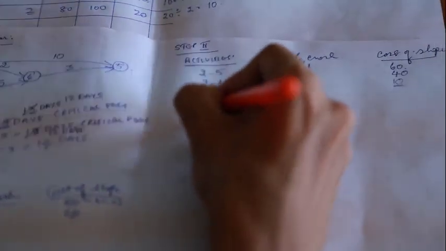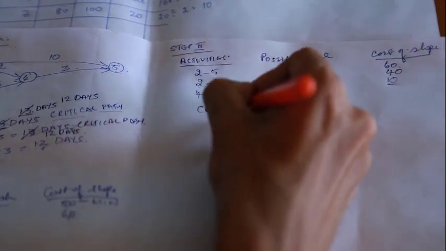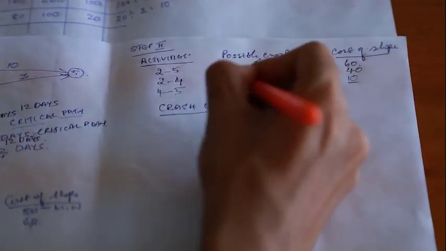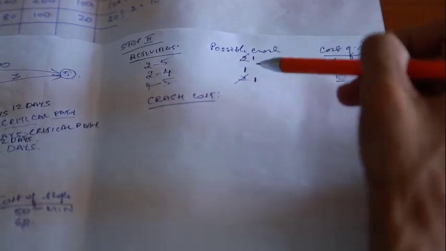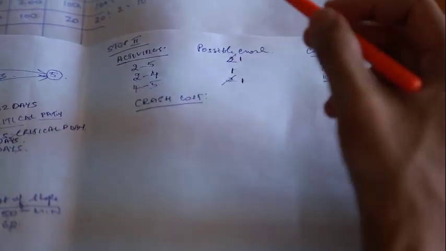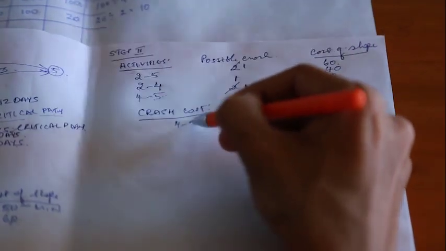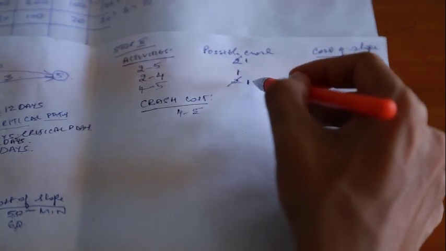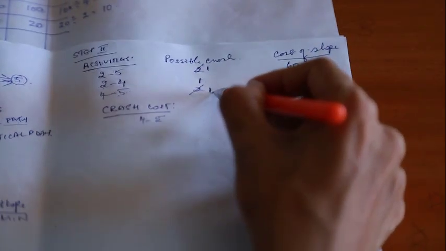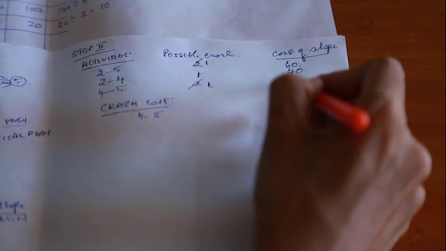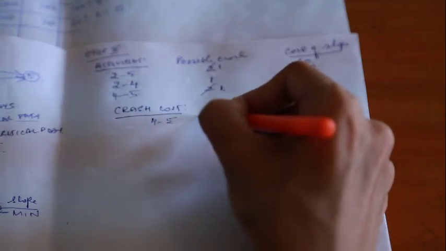Now find out the crash cost. For activity 4 to 5, one day the cost of slope is 10 rupees.